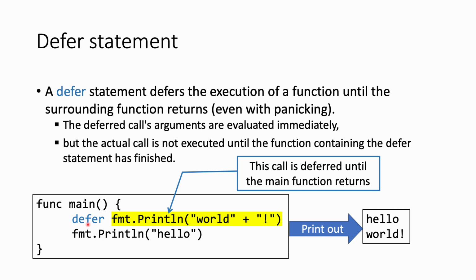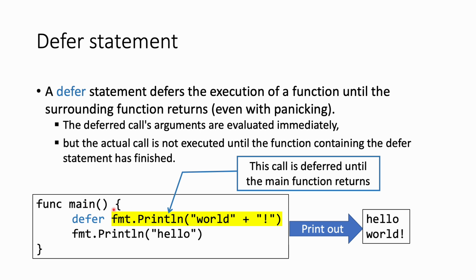For example, the surrounding function of the defer statement in this example is the main function, because this defer statement is in the main function. So the call to function Println in this defer statement is deferred until the main function returns.